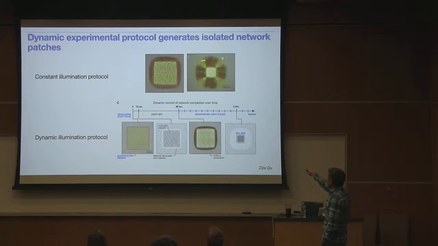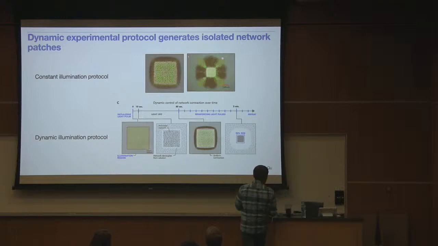We form a network, the network contracts, we get these arms. We developed this dynamic illumination protocol. We form a network, but then we shrink the light region with the network. What happens when we do that is we prevent the formation of these microtubule arms. And so then we can study the pure physical behavior of this network.